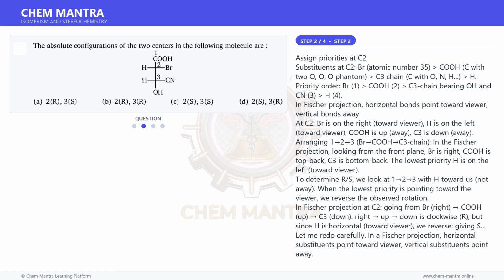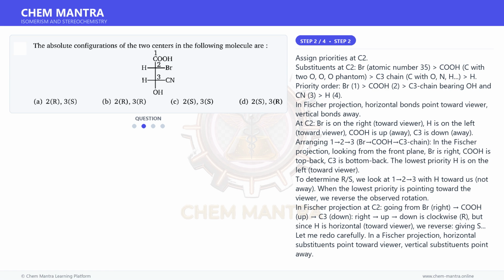In Fischer projection, horizontal bonds point toward viewer, vertical bonds away. At C2, Br is on the right, toward viewer, H is on the left, toward viewer, Q is up, away, C3 is down, away. Arranging 1 to 3, Br, Q, C3 chain, looking from the front plane, Br is right, Q is top back, C3 is bottom back.